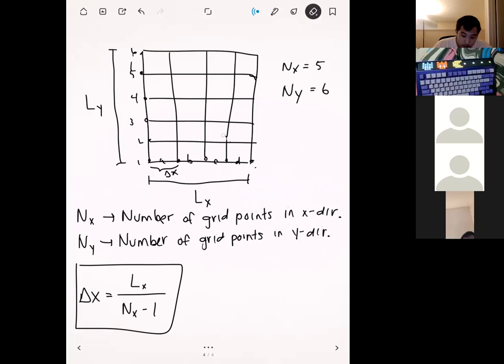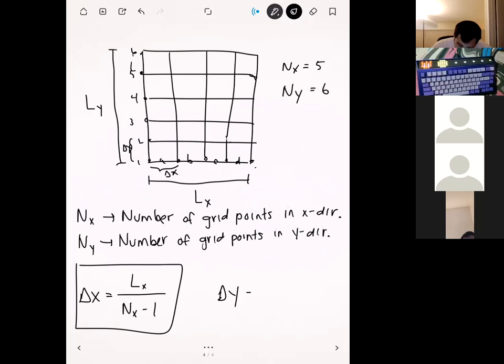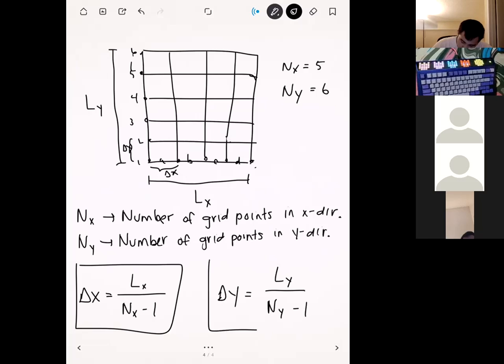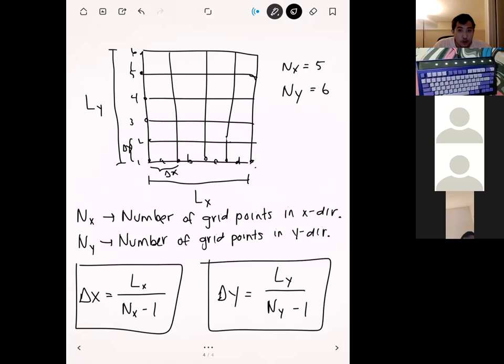That's delta x, and we're also going to have delta y, this vertical distance between grid points. The way that we can obtain that is Ly divided by ny minus 1. Those are going to be our two grid spacings.